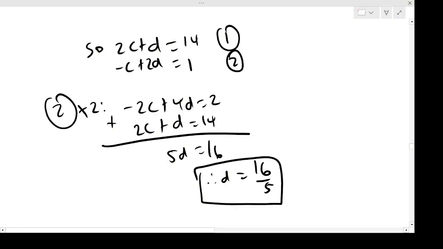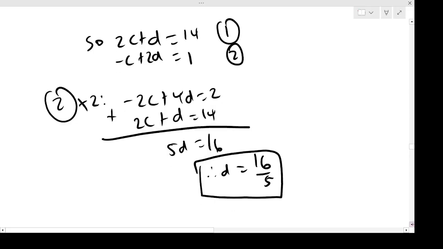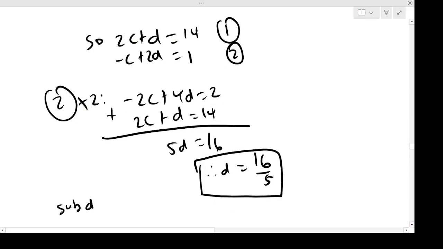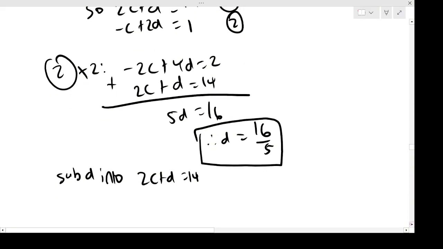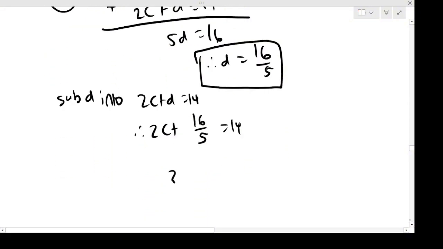Then I can work out C by substituting that in. So I'm going to sub D into, let's say 2C add D is 14 in the top equation here. If I do that, I'm going to get that 2C add 16 over 5 for D is going to be 14. Therefore, 2C on its own is going to be 54 over 5.